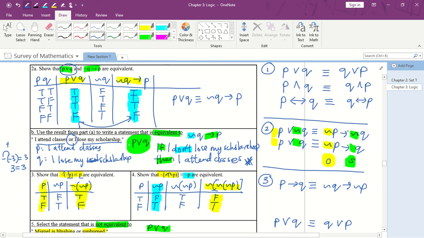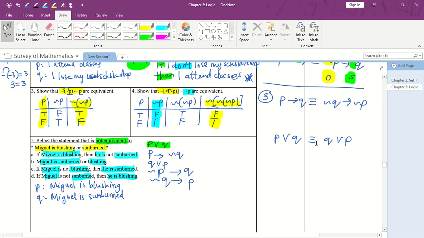And from the second theory, we learned that if it is an or situation and I want to change it to a conditional statement, I need to make the left P side opposite and keep the Q side the same. So it will be negation P to Q. That is my second theory.